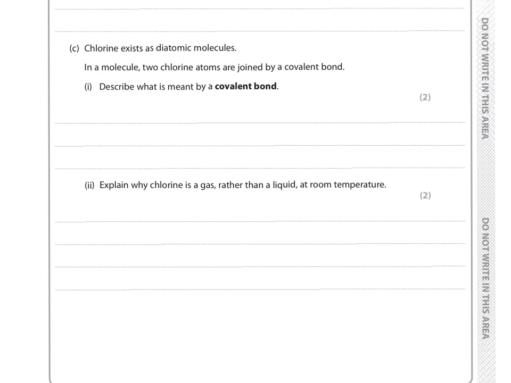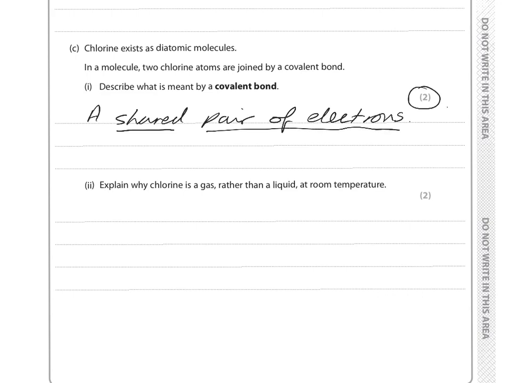Many people put down that it's shared electrons, but you have to say that it's a shared pair of electrons. Literally that is the definition, and you got 1 mark for saying shared and 1 mark for the pair of electrons, giving you your total of 2 marks.